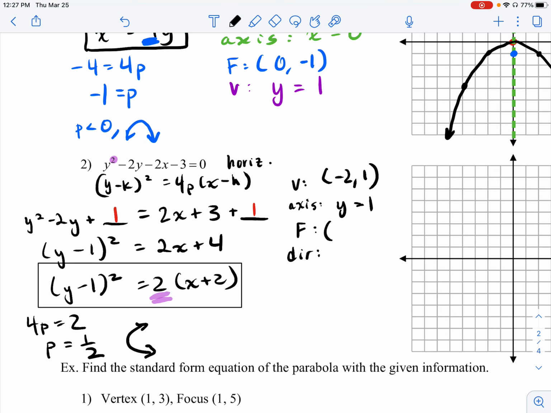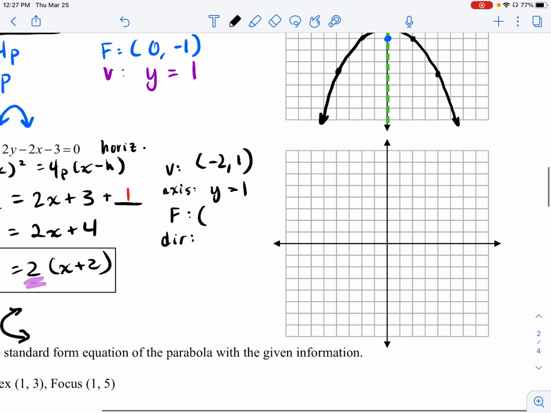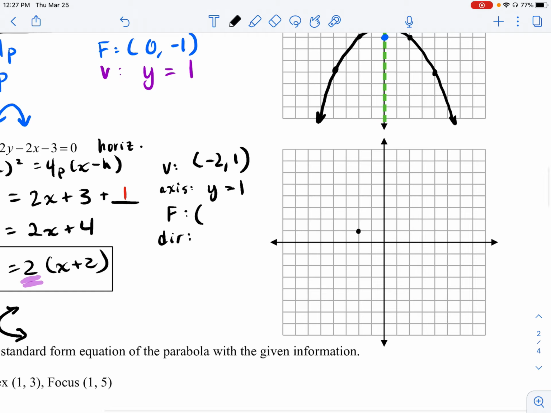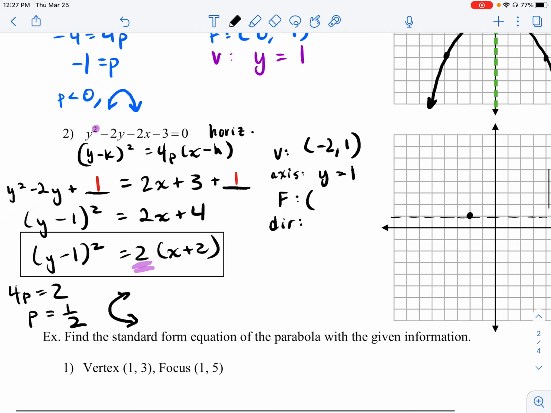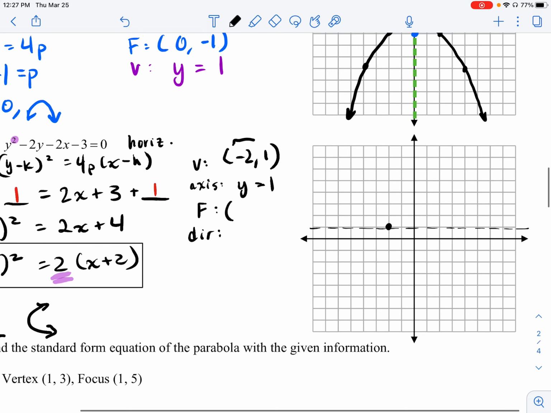Our focus, well, perhaps I should graph this as I go along so we can see this. If our vertex was at (-2, 1), and I know that my axis of symmetry is y = 1, and I know my parabola opens to the right, that means my focus is going to be to the right of my vertex, which means I have to add 1/2 to my horizontal component, my x coordinate.